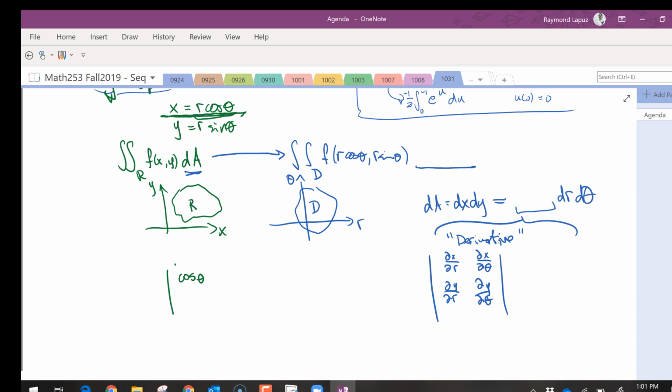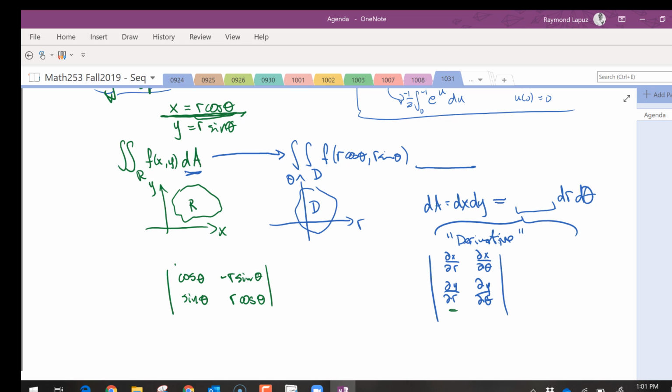Stay with me. Now let's take the derivative of y with respect to r. Just sine theta. And then the derivative of that same y with respect to theta: r cosine theta. Okay. So now all four derivatives that we can possibly come up with are all here.